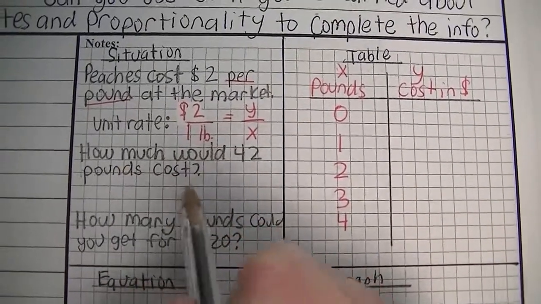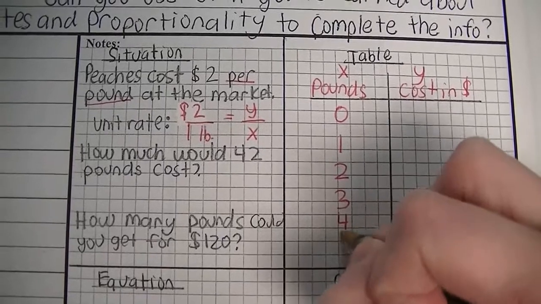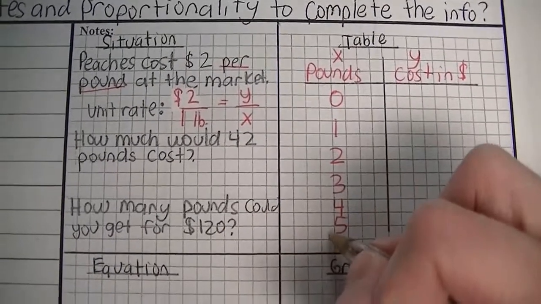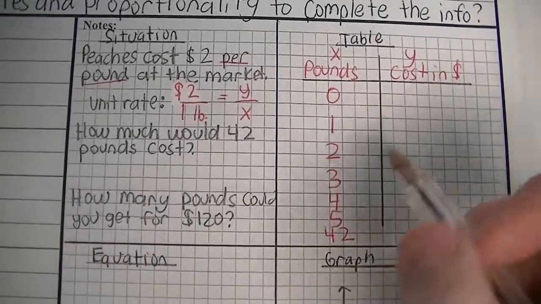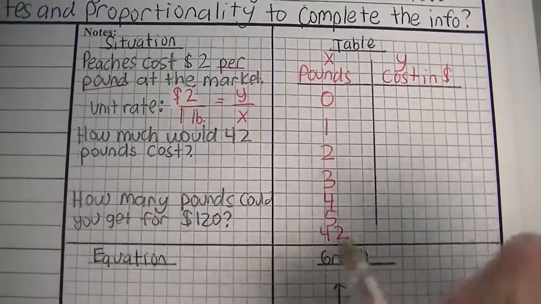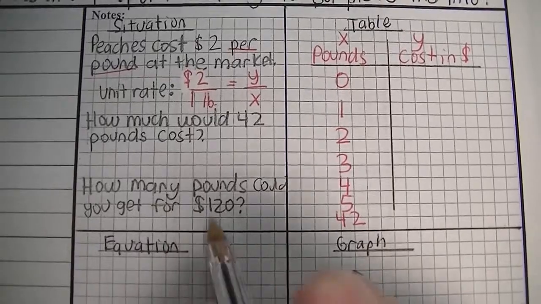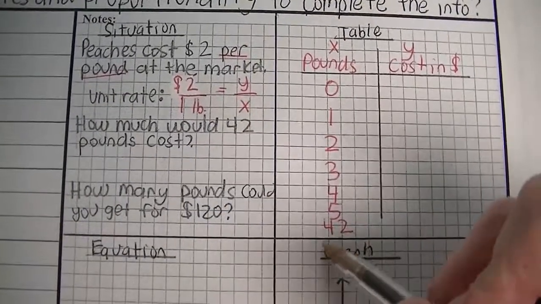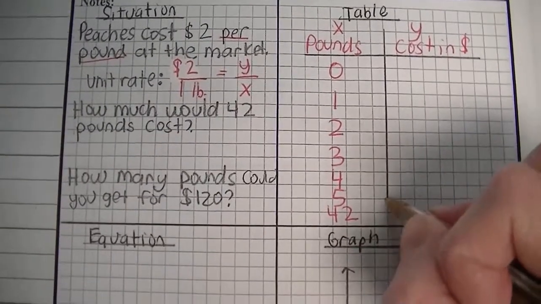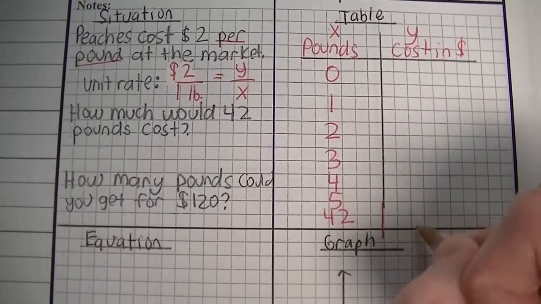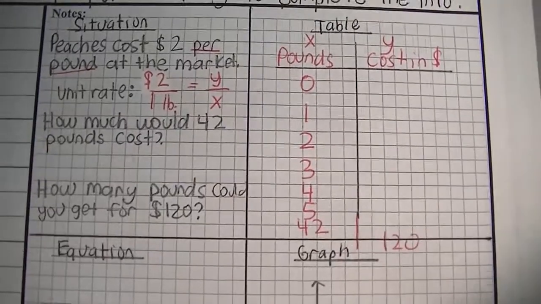It's asking how much would 42 pounds cost. And although I probably won't include that on my graph, I can put it right there to determine the cost, because I can also get that answer from my table. And then it says, how many pounds could you get for $120? Well, I wouldn't put the $120 in the pounds section, so I put it in the cost. So I'm going to extend this just a little bit and put 120 right there, okay?